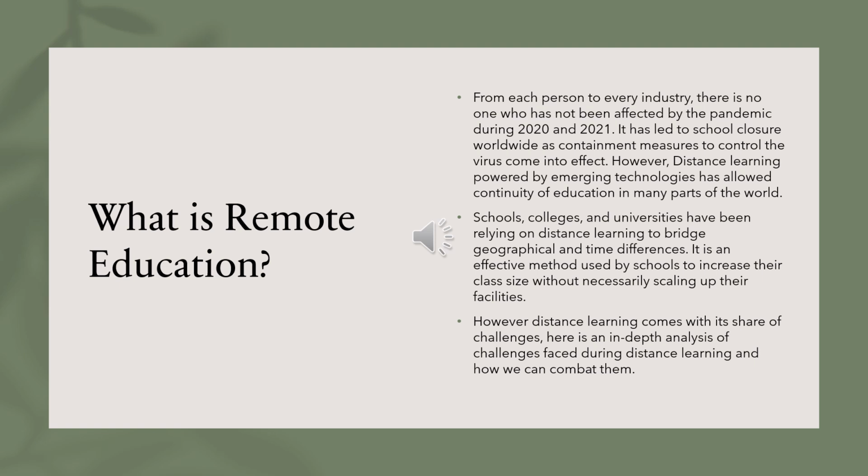However, distance learning powered by emerging technologies has allowed the continuity of education in many parts of the world, including India. Schools, colleges, and universities have been relying on distance learning to bridge these geographical and time differences, as many of the students lived either across the country or in different cities where they couldn't attend classes on campus.